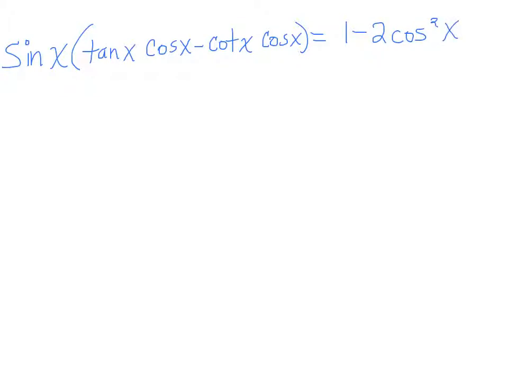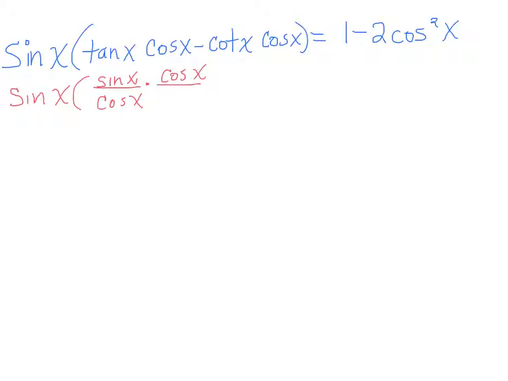So any suggestions on how to target this problem? The tangent, rewrite it, and what else? And the cotangent, right? So the tangent and the cotangent, let's rewrite that. The tangent, we're going to write that as sine of x divided by cosine of x, being multiplied by cosine of x.